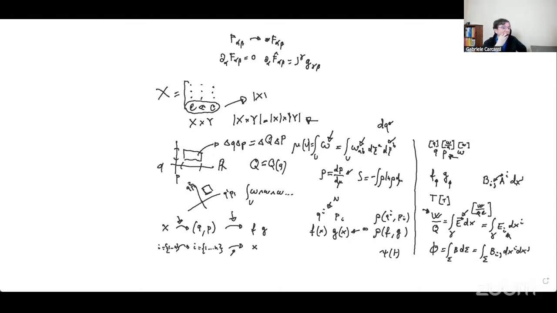So if you imagine that you have a field configuration moving in space and you want your motion to be deterministic and reversible, you're going to have a configuration on a region of space. And that region of space will have a number of degrees of freedom, then we will need to be able to say, okay, this region of space with a certain amount of degrees of freedom is going to be mapped to another region of space with, let's say, the same number of degrees of freedom. Therefore, we can now map the configuration of the degrees of freedom, and everything is nice and dandy.